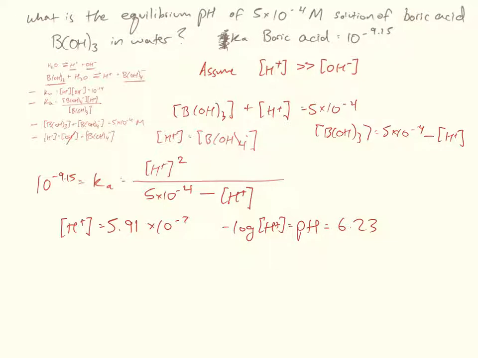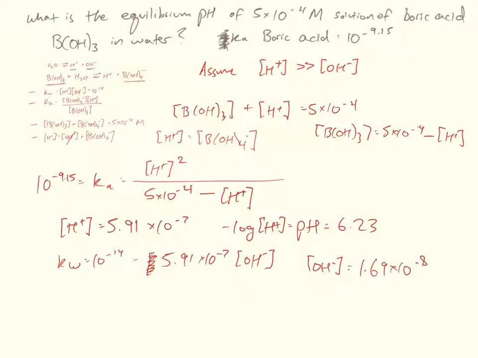If we go back to our Kw expression, Kw equals 10 to the minus 14th, which should equal our H plus concentration, which we said was 5.91 times 10 to the negative 7th, times our OH minus concentration. We solve for OH minus, and we get that it's 1.69 times 10 to the negative 8th.